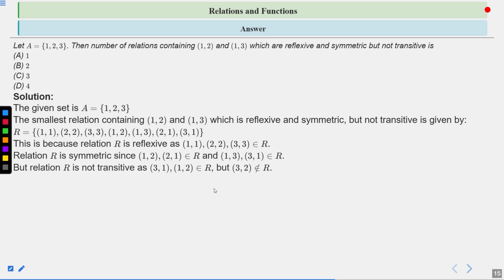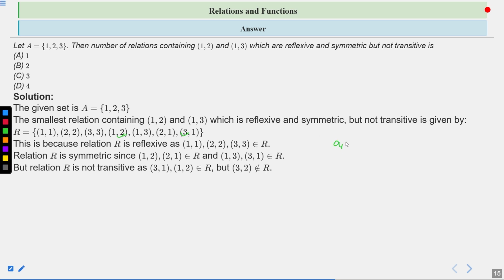But relation R is not transitive, as (3, 1) and (1, 2) belong to R, but (3, 2) does not belong to R. So what is the condition of transitivity?